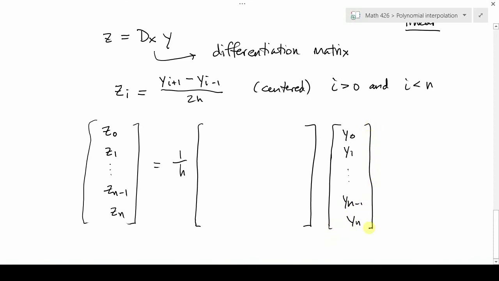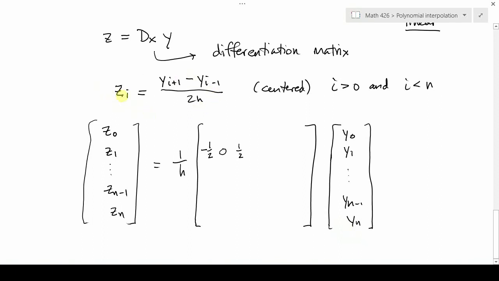Okay, so if we look at the row z1, that's y2 minus y0 over 2h. All right, so a half times y_{i+1}. In this case, that's y2, right? y2 is in the third column. Plus 0 times y1 plus minus a half times y0. And everything else in that row is 0, right? So the inner product of this row and that column gives you this formula with i equals 1.